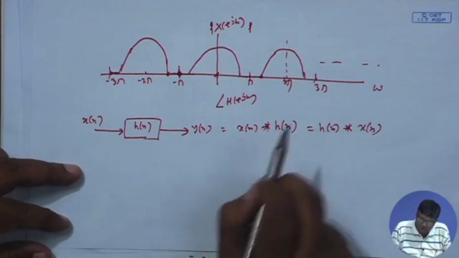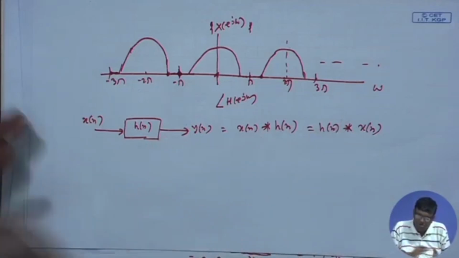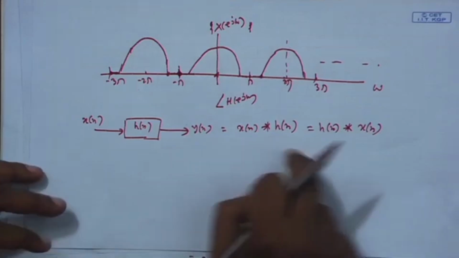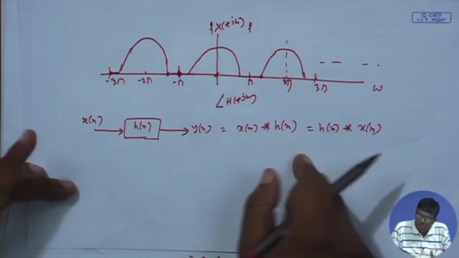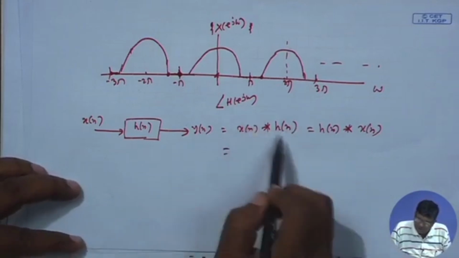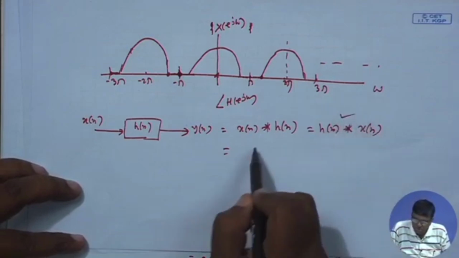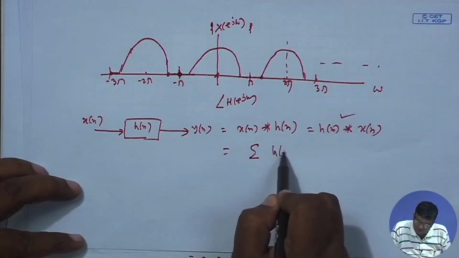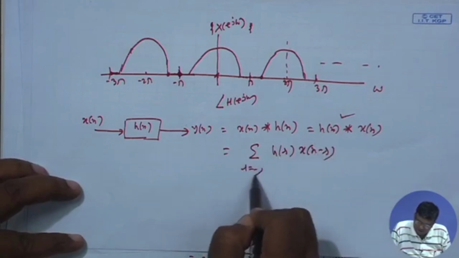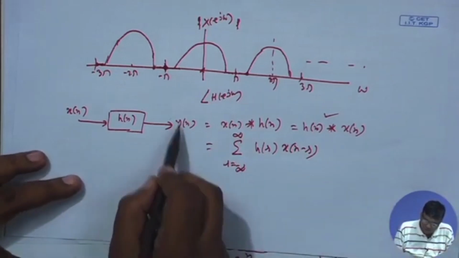We have seen by comparing two integrals, that output DTFT is product of the two DTFTs, but this we can work out directly. What is between the two convolutions, as I have been telling you, I will prefer this form. So, if you take that form, it will be h r x n minus r. Okay. So, this is y n.